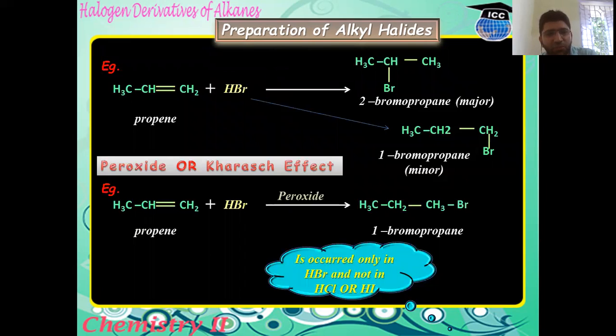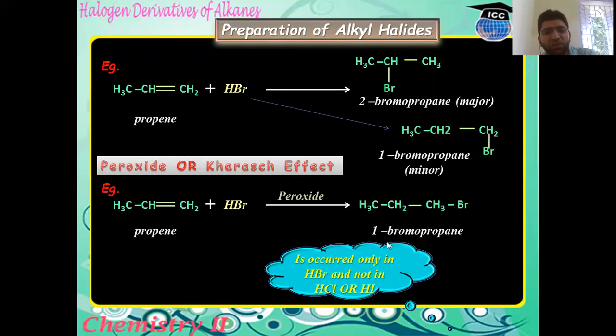In that case, if the same reaction takes place in the presence of peroxide, then the Br, the negative part of the addendum HBr, will go to the carbon having more number of hydrogens, that means carbon 1.